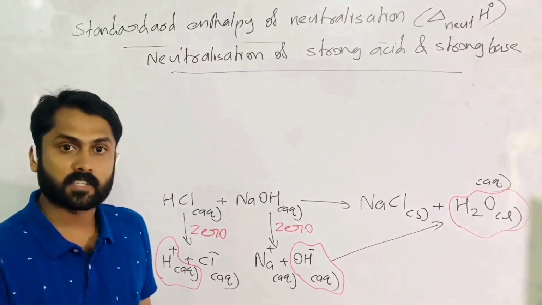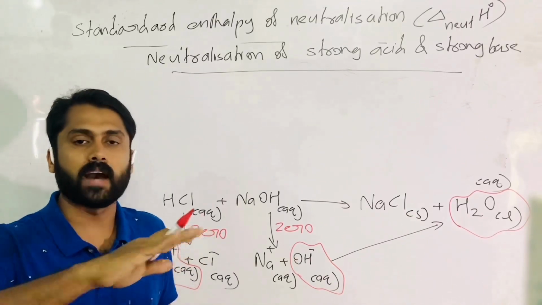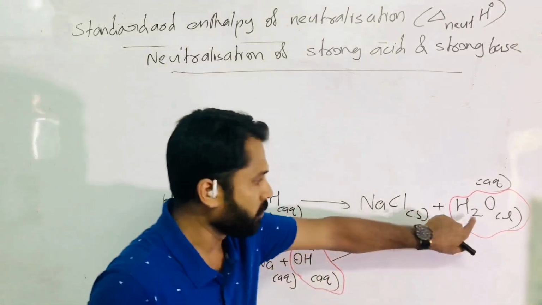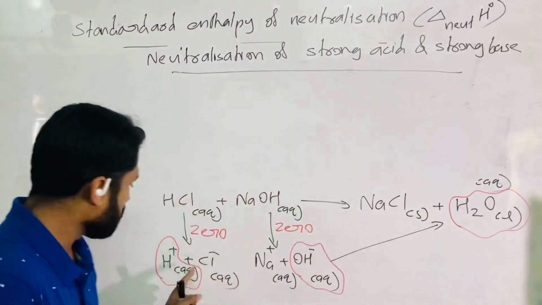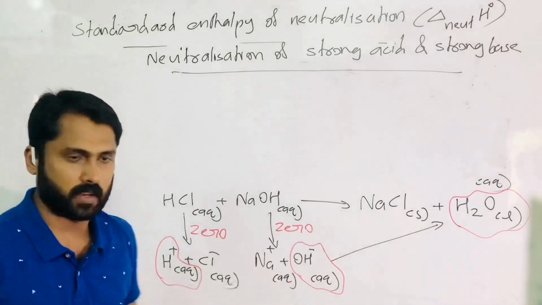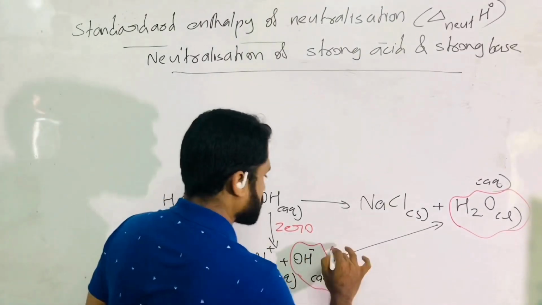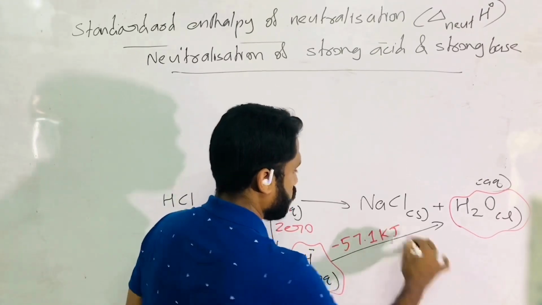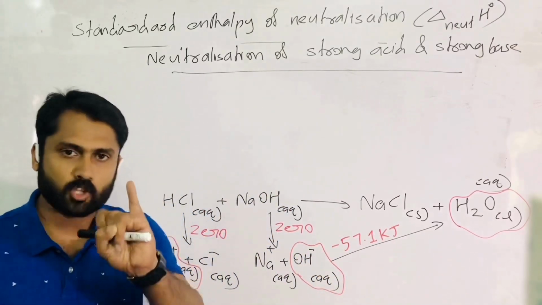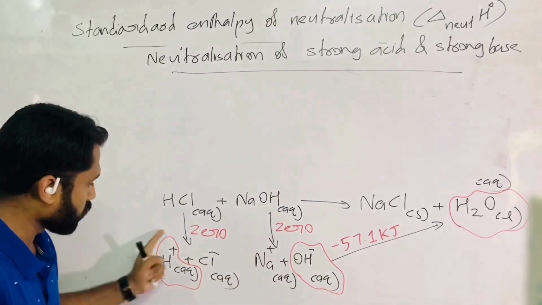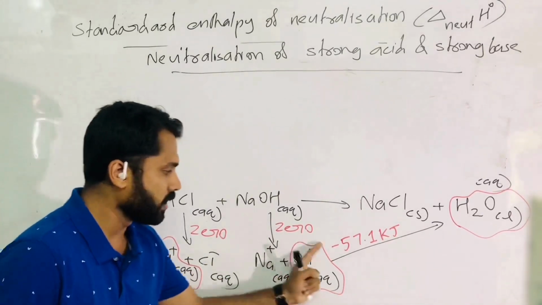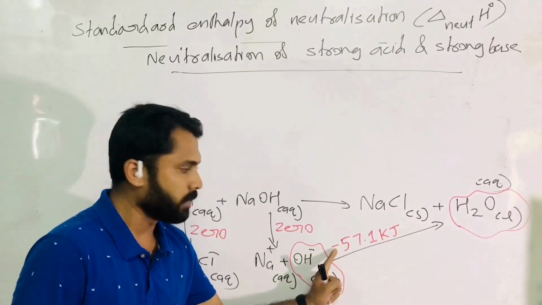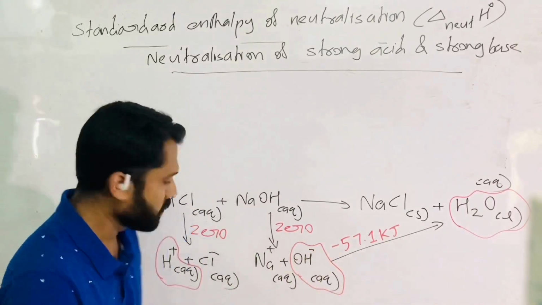What about the second step? It is common for all acids and bases. What is it? Formation of 1 mole H2O liquid by combining H plus and OH minus. This value is fixed. That is minus 57.1 kilojoule. Listen.